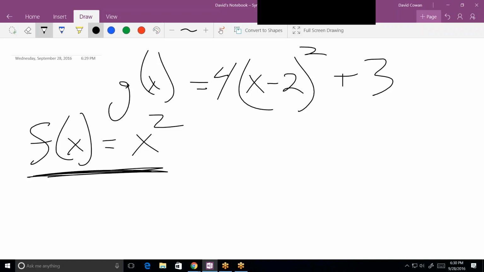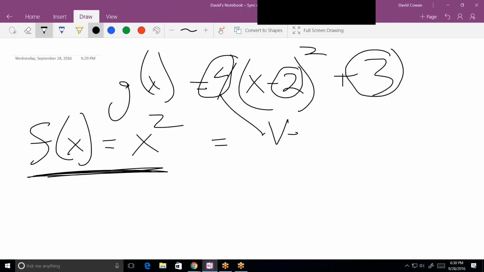You've got 3 things happening to that parent function. You have this multiplier, you have this thing being subtracted, and you have this thing being added. So what are those 3 things? What's the 4 do? It's outside the function, so it's vertical. It's a vertical stretch because it's greater than 1.